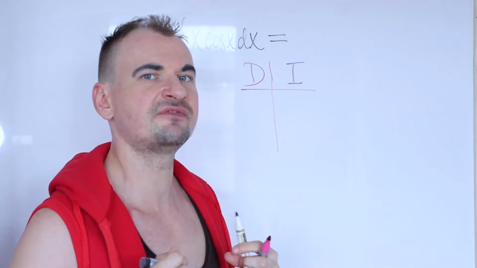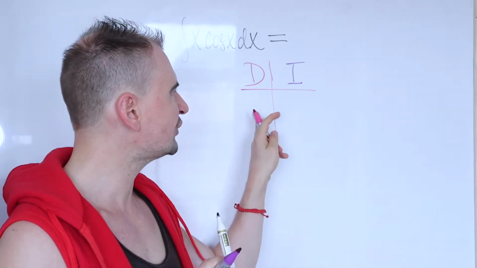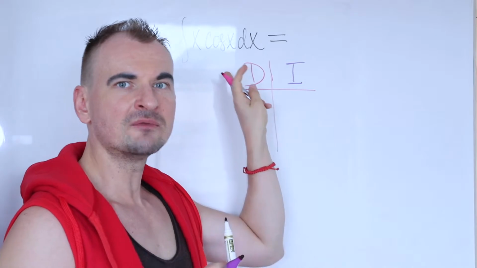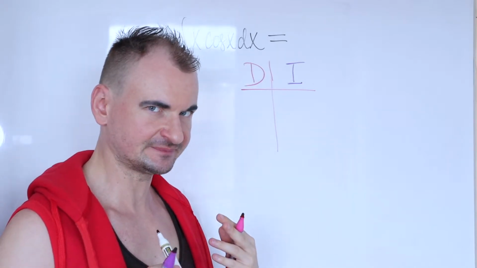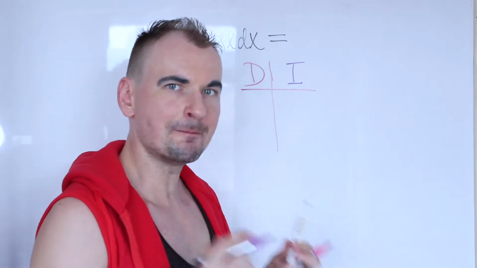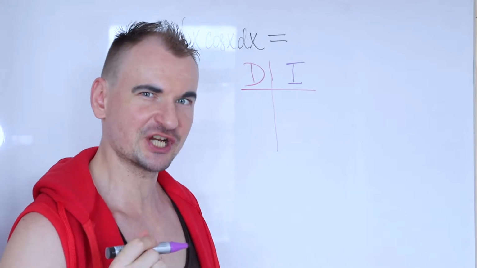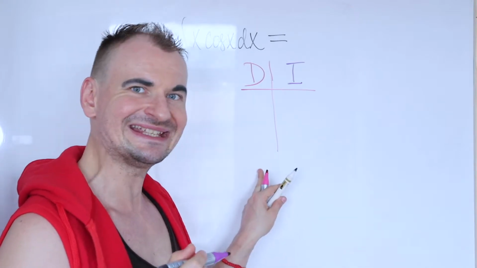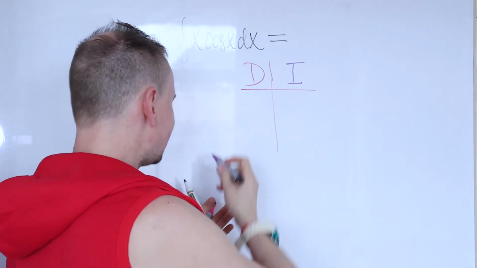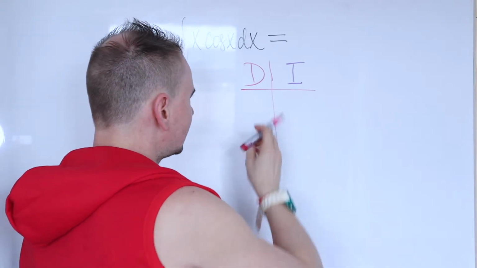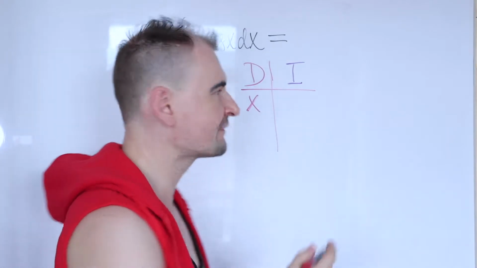It's easy to differentiate, and as a good rule of thumb, you want to place in your D column whatever function is easier to differentiate, because basically we're going to differentiate it repeatedly a few times in order to get 0 at the very end. So this x goes into the first column in the first row.